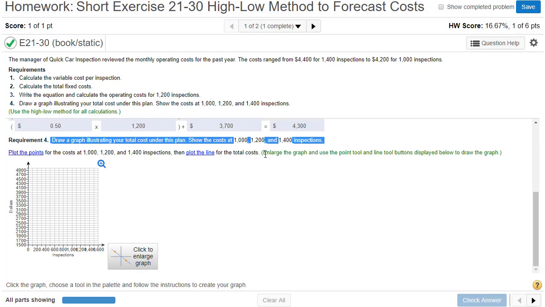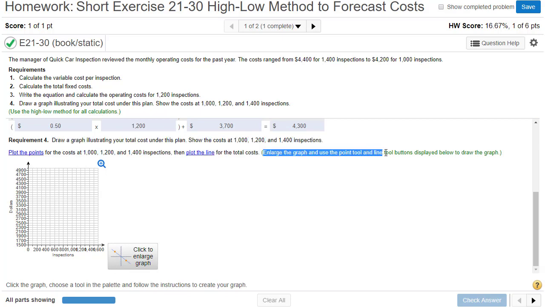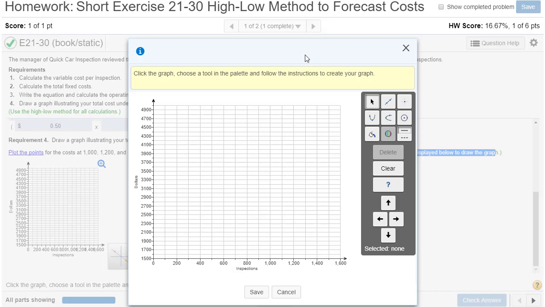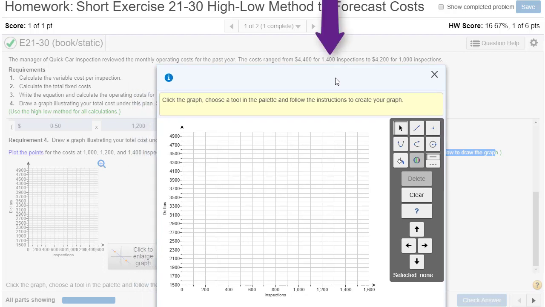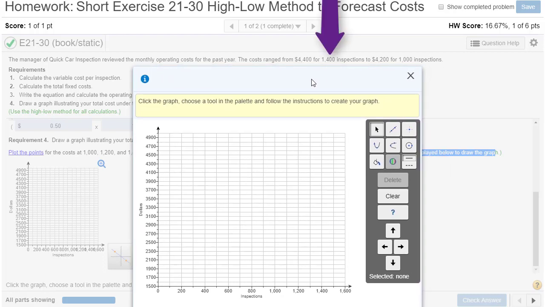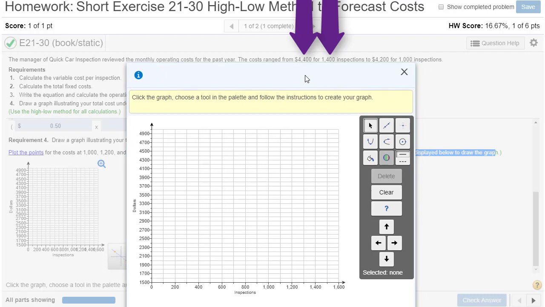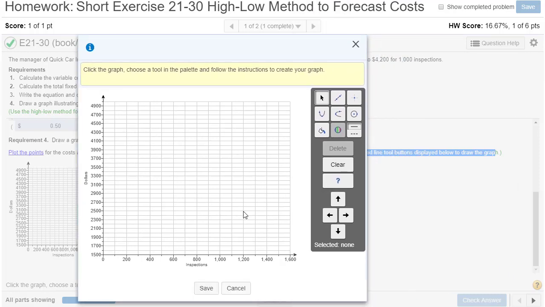It says enlarge the graph and use the point tool and line tool displayed below to draw the graph. So first of all, we're going to click on enlarging the graph. And then I'm going to graph this 1,400 inspections at $4,400.